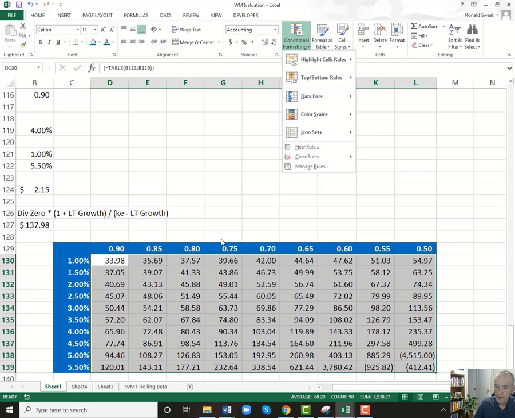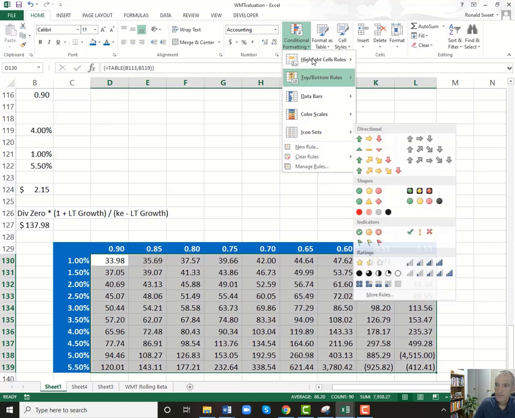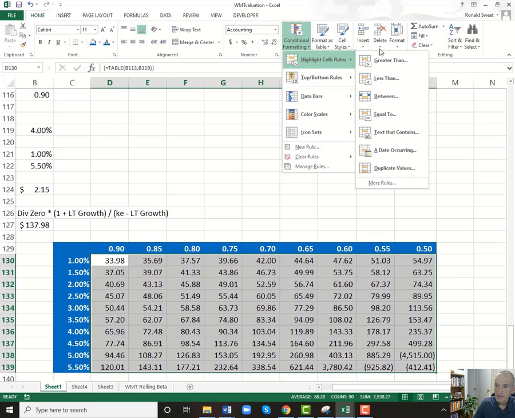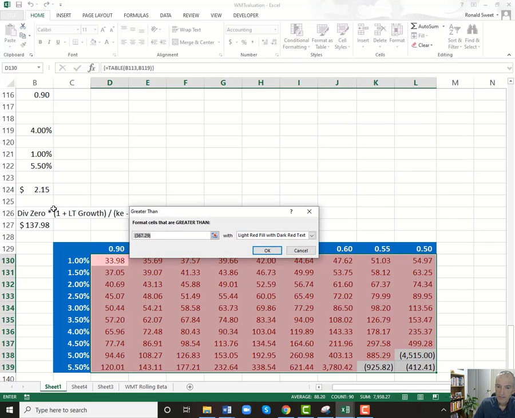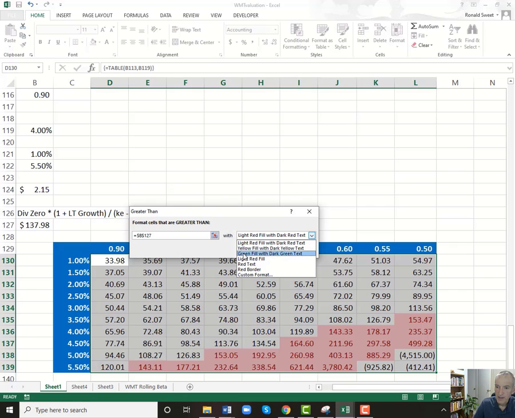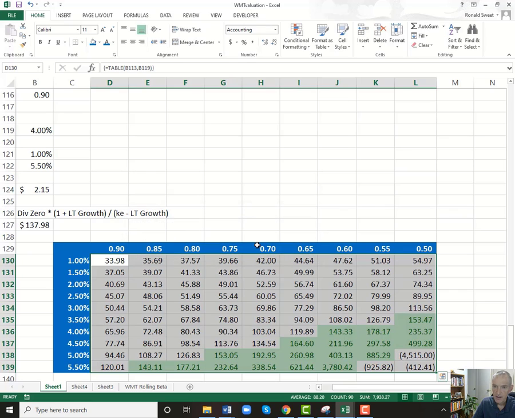For the times when the stock price is greater than the current value, we want to make it green with green text because that's good. So like here, we think the stock's worth 143.11. It's trading for 137. So that's good. We like that. So we'll say OK.